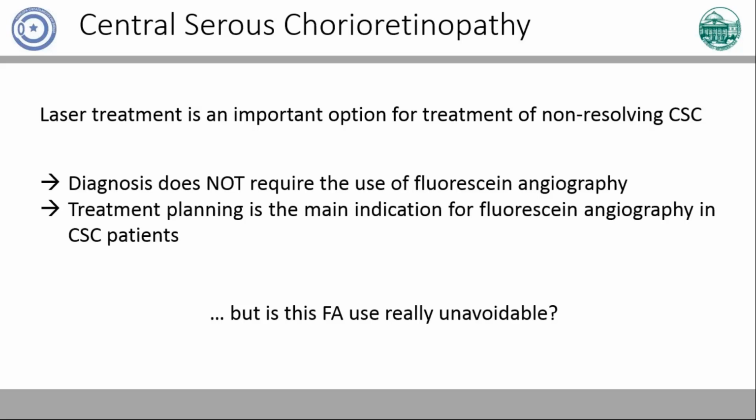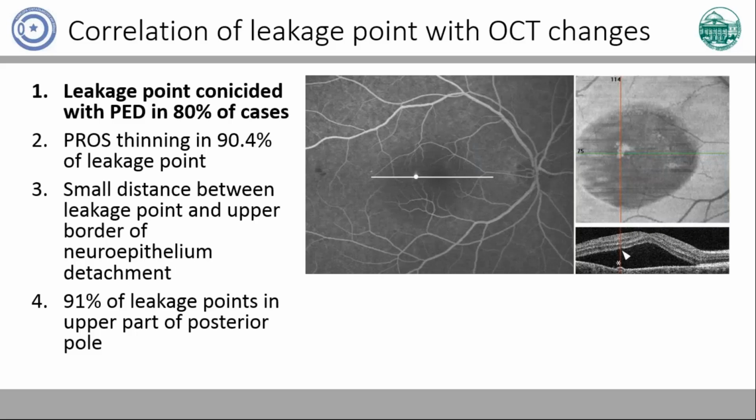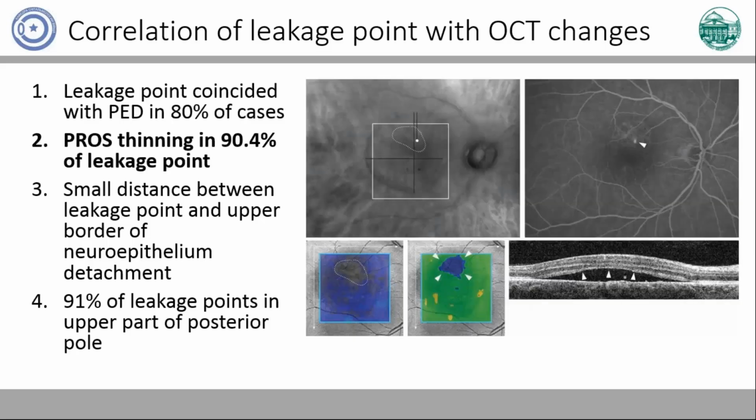I believe that no, because our recent studies showed that you can use many structural OCT characteristics to define the leakage point, and one of them is pigment epithelial detachment, which coincides with the leakage point in the majority of cases. We found 88% of coexistence. Another is photoreceptor outer segment layer thinning, which indicates the leakage point in 90%.